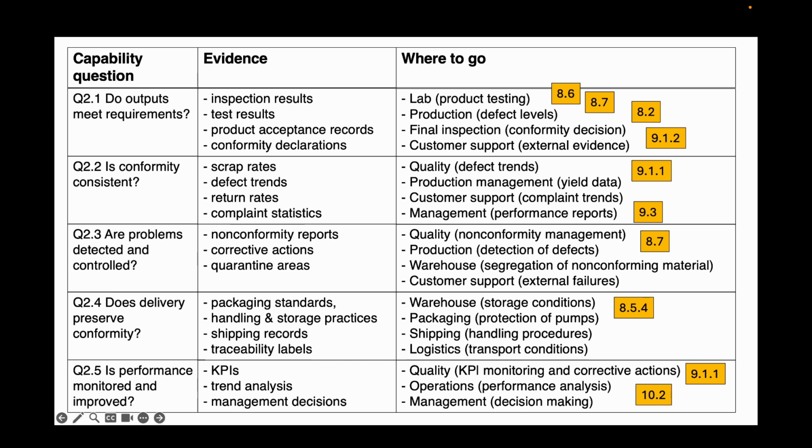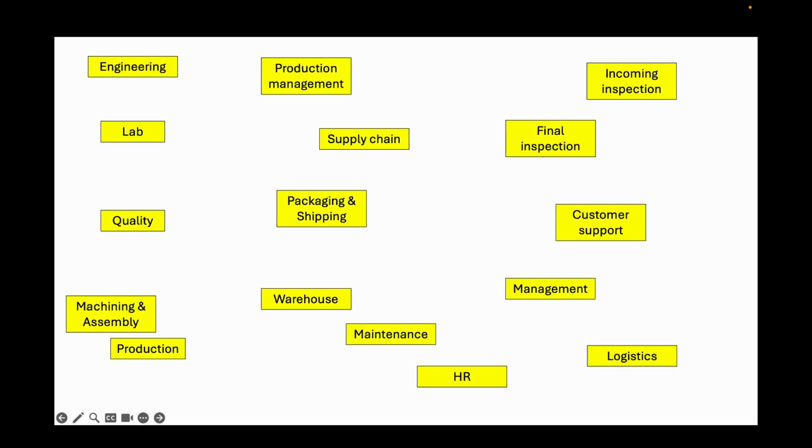That may include requirements on release, non-conforming outputs, preservation, monitoring, measurement, analysis, evaluation, and corrective action. So again, the starting point is not the clause. The starting point is the audit question, then the evidence, then where to go, and only then which clauses to check there.